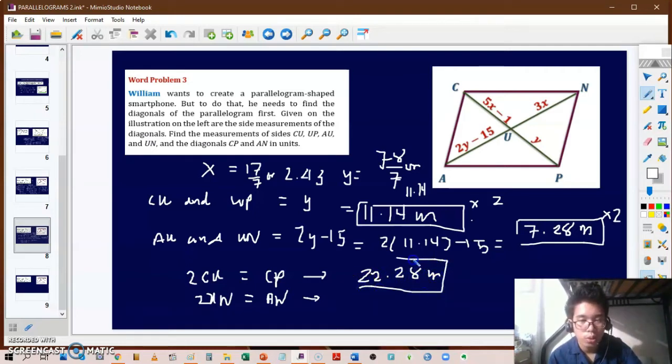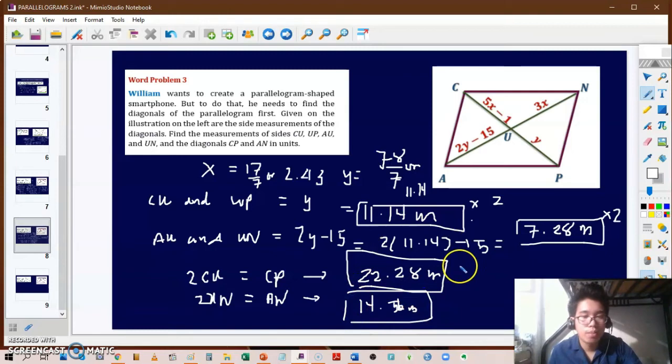And for UN, 7.28 times 2 will give you 14.56 meters. So these are the values of the diagonals of William's parallelogram shaped giant smartphone: 22.28 meters and 14.56 meters.